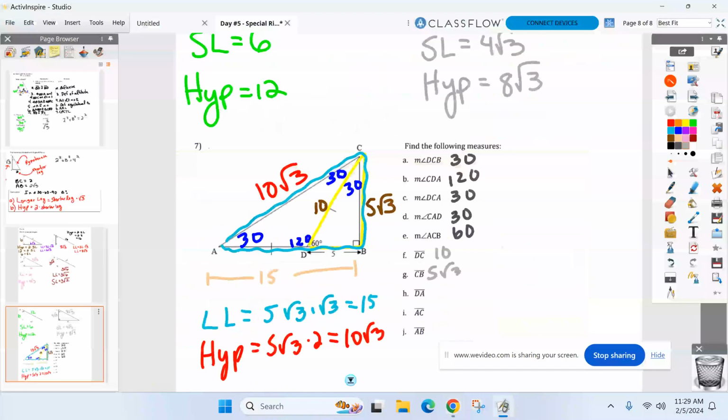Gabby, hello? Yeah, well, 10, because I put congruent marks, or that was 15 minus 5. Either way is going to give me a 10. Good. AC we just found was 10 radical 3, and AB, 15. All right. Find all the sides first, then answer all your questions. All righty, let's get to work.